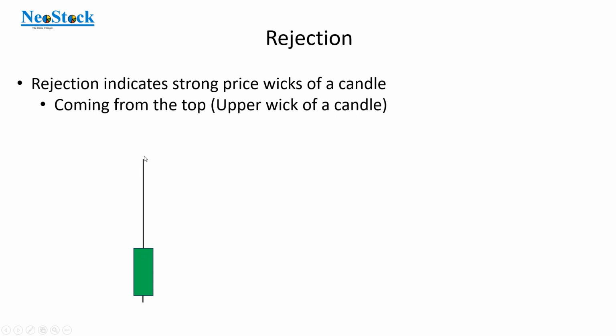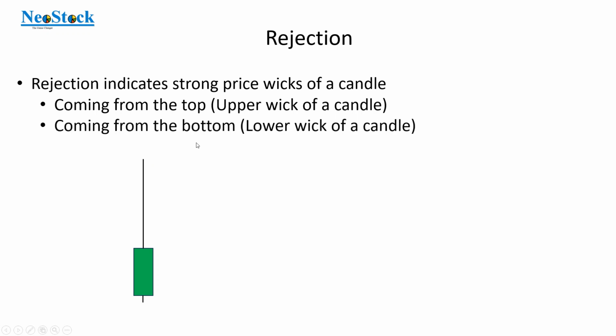So what could be the reason? That is what you need to understand. By looking at the candle, you are getting a clue. Something happened here at the top of this upper wick. And you will also see wicks coming from the bottom.